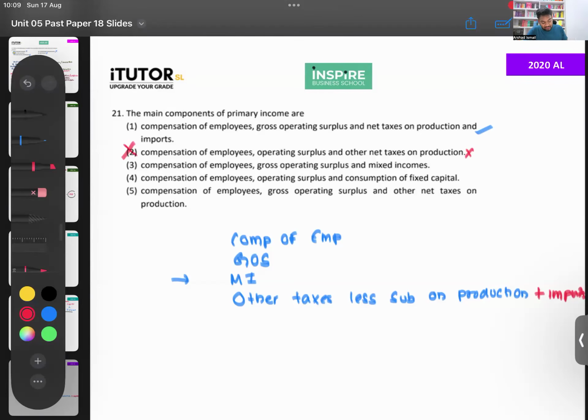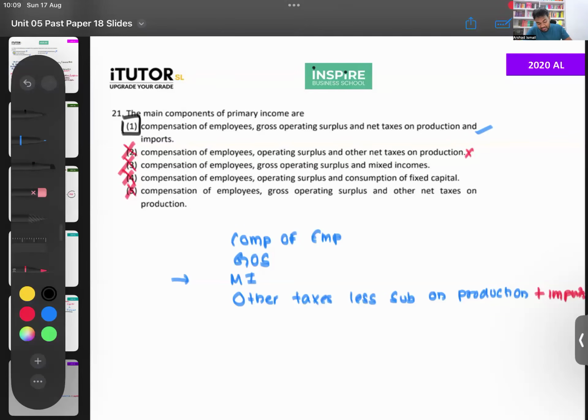Compensation, gross operating, mixed income, the tax part is not there. Compensation, operating, this one, then there also tax part is not there. Compensation, gross operating surplus, and other net taxes on production. Then here also, the imports part is not there. So we can go with my answer number 1, because remember I told you earlier, right?